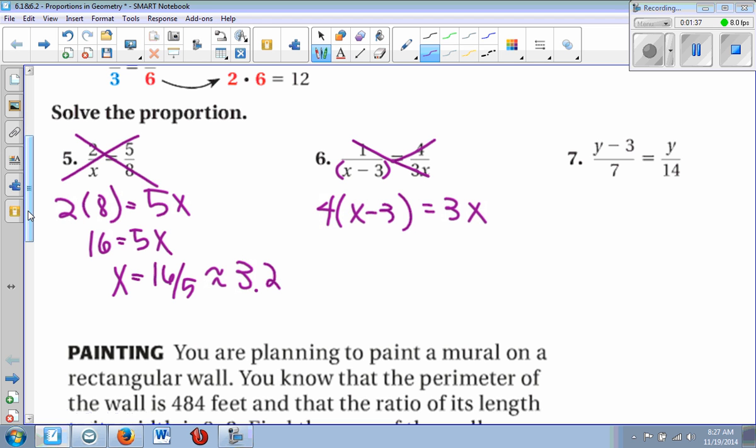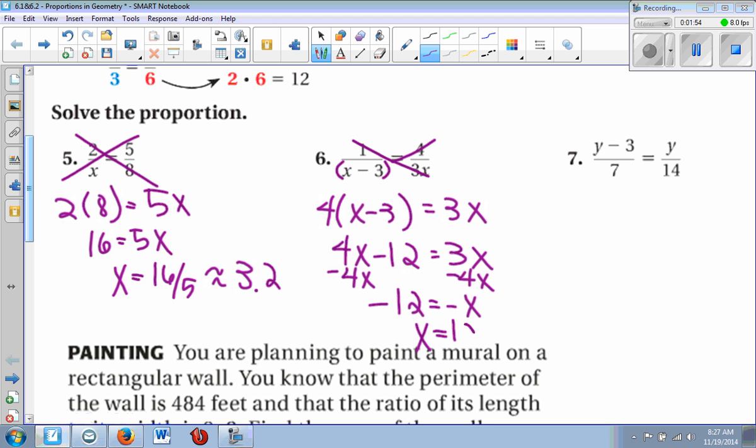So to solve this, multiplying out, 4x minus 12 equals 3x. Since the 3x is on the left by itself, I'm going to subtract 4x from both sides. So negative 12 equals negative x. And if I divide both sides by negative 1, we get x equal to 12.